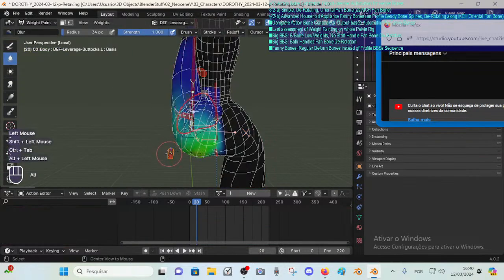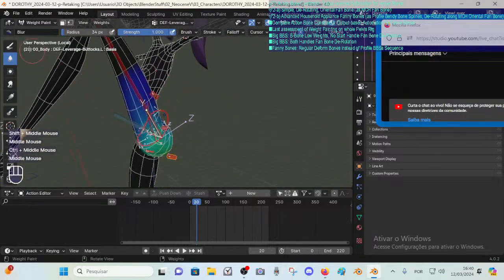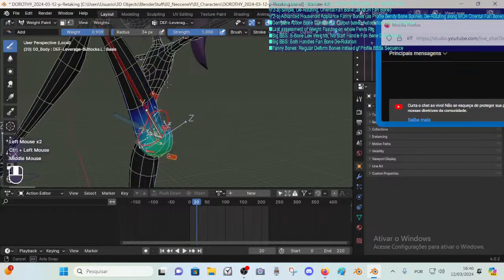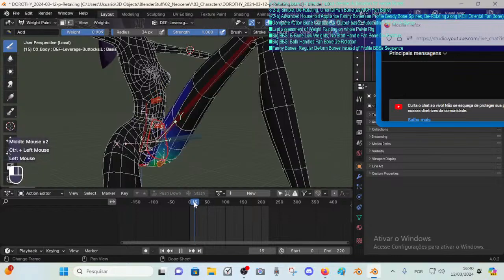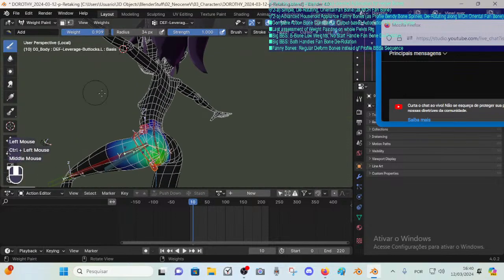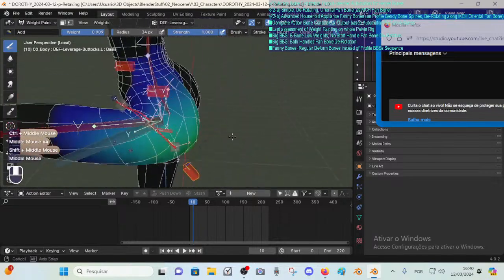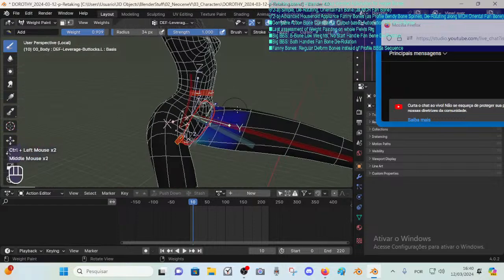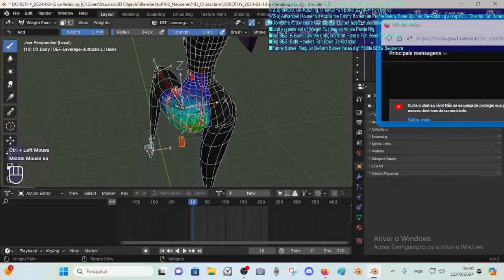Let's see. Maybe too much weights there. Let's try, because the buttocks is rotating, doing all sorts of things, so maybe this is it. Let's try to reduce its influence onto this area.